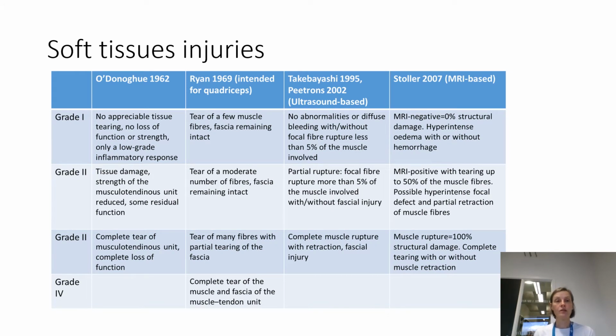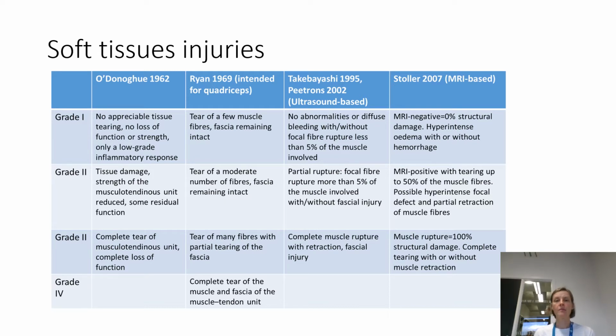If you think back to the session that we did on classification of disorders of the muscle, this is a slide that we used then and considers classification of soft tissue injuries. In a grade 1, you get no appreciable damage of the muscle or ligament, so no tearing of the tissues, or maybe just tearing of one or two fibers.